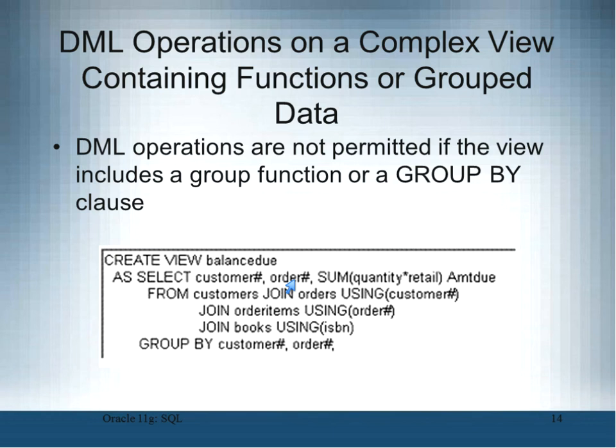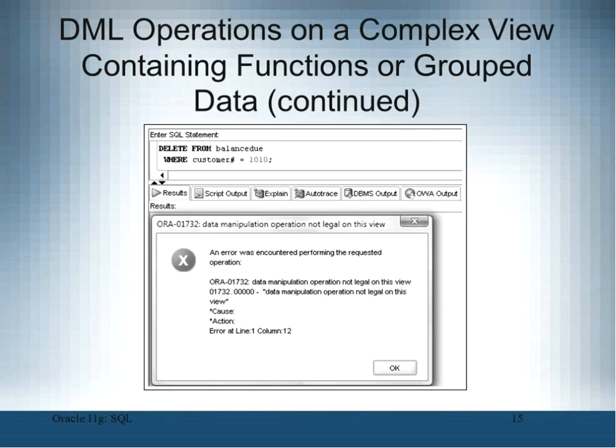If you're updating any kind of partial information, then in the underlying table there may be 5 or 6 different records related to that order number. How are you going to populate the change? It's just impossible. Okay, so just avoid doing update on views.